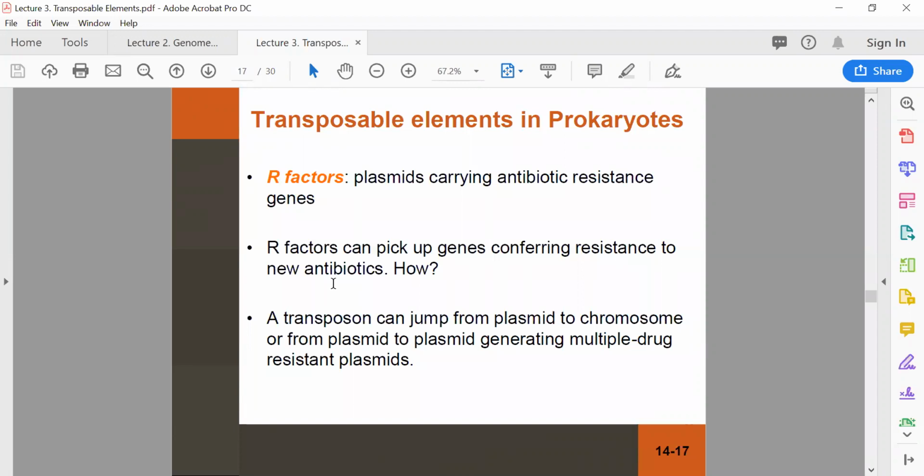All right, so how is it that they can pick up new additional antibiotic resistance genes to generate what's called multiple drug resistance? Turns out that antibiotic resistance genes reside on genetic mobile elements called transposons.